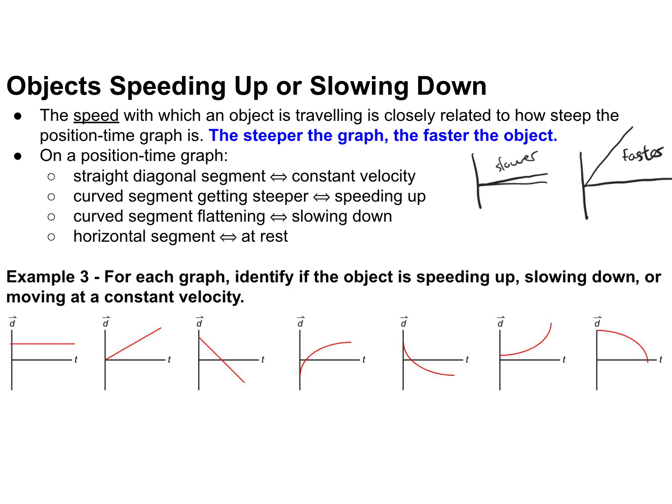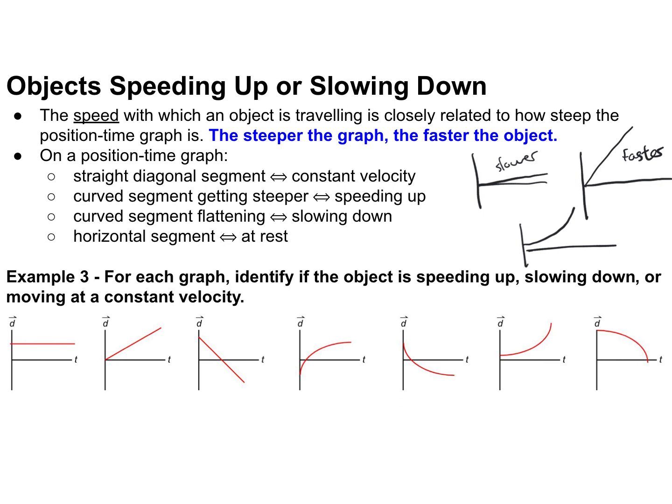So when you have a curve, for example, something that looks like this, what do we say about the steepness of the curve? Well, the steepness is not consistent, so it's actually not moving at a constant speed. In this case, it's getting steeper as we go.